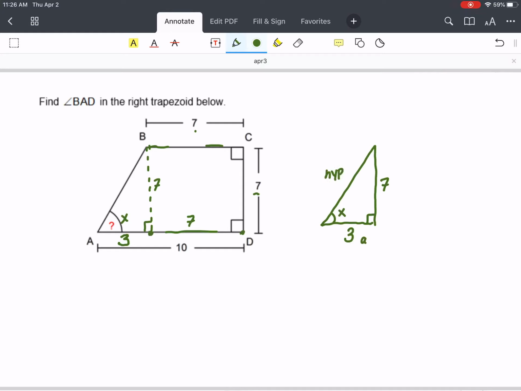This is going to be the adjacent side. This is going to be the opposite side. I have the opposite and adjacent, and I want the angle. Let's use tangent. So I know that tan x is opposite, which is 7, over adjacent, 3. I know that x, therefore, is the inverse tan of 7 over 3, so put that into your calculator. You do that and you get that x is 67 degrees.